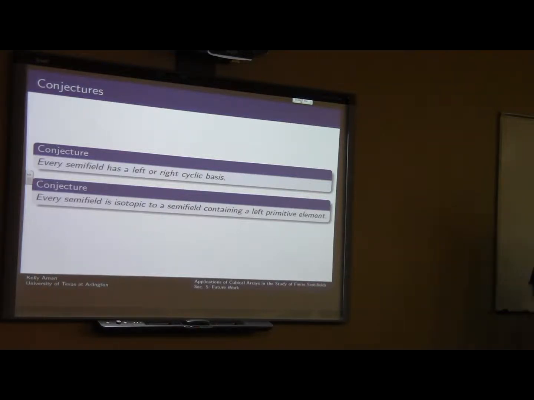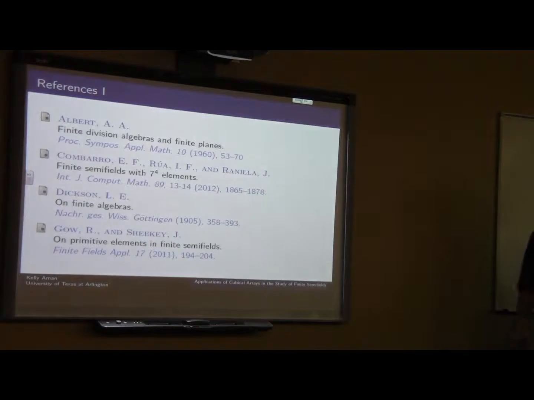Right. There probably need to be more hidden connections going on to make that relationship worthwhile. One place to start would be looking at primitive elements and seeing how that is reflected in the geometry of the plane. And again, I'm trying to stay away from geometry. I like these cubical arrays, and I think I can do this just using them. But if Lillian can do it using geometry, then I just got references. So all right, that is it.